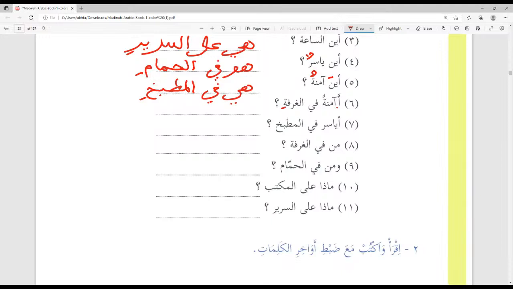Remember, we've done this in lesson 1. What does the question mark mean? Is. So we're saying آمنة في الغرفة.